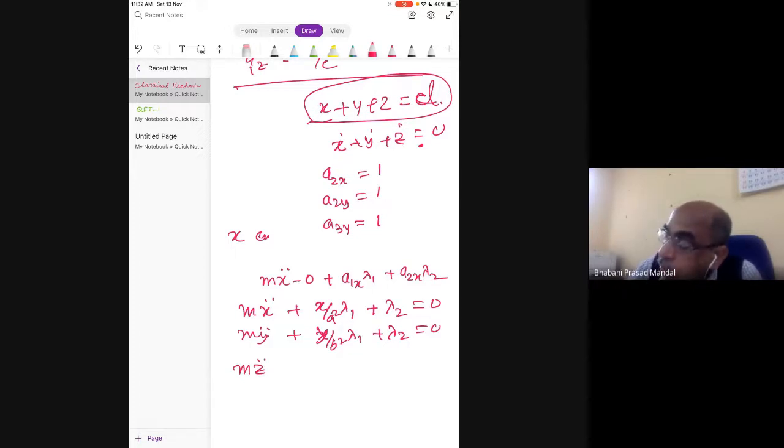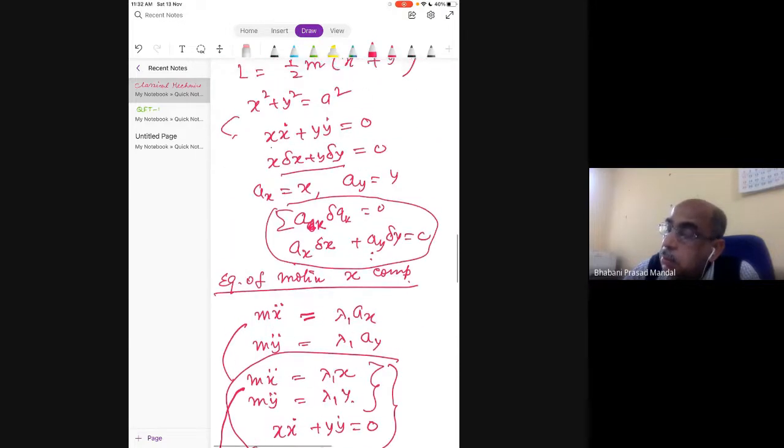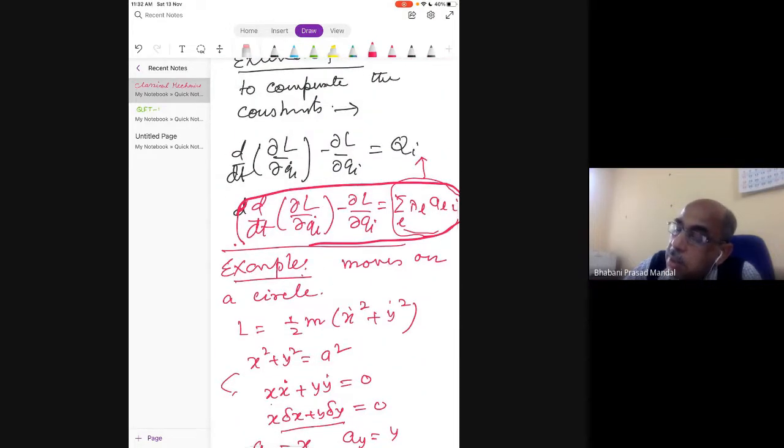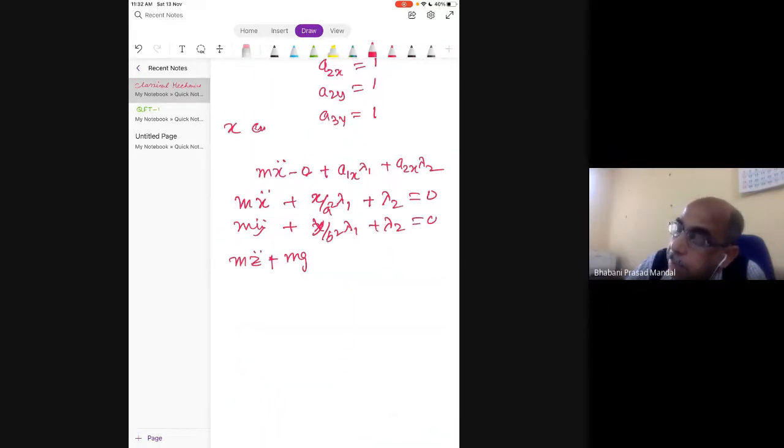Here it will be mg, with the minus sign in the Lagrangian and the minus in the formula. So it will have mg plus z by c square lambda 1 plus lambda 2 equal to 0.